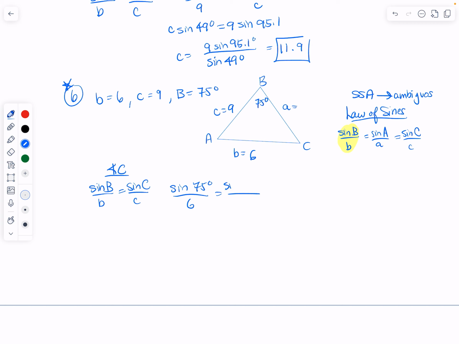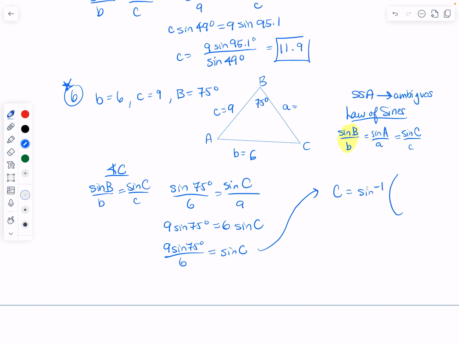Sine of angle C, I don't know what angle C is, but I do know side c, which is 9. So 9 times sine of 75 degrees equals 6 times sine of C. 9 times sine of 75 degrees divided by 6 equals sine of angle C. Therefore, angle C equals the inverse sine of 9 times sine of 75 degrees over 6.